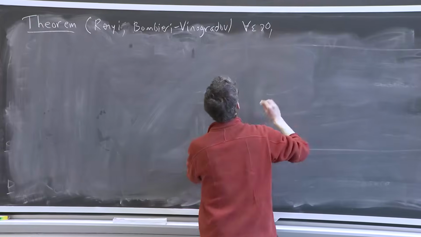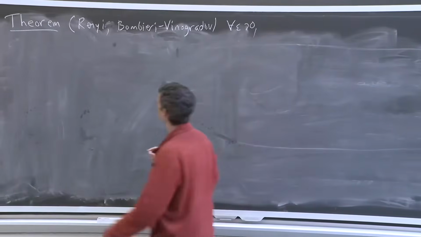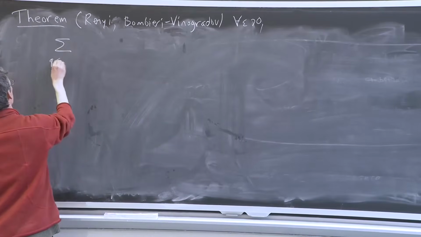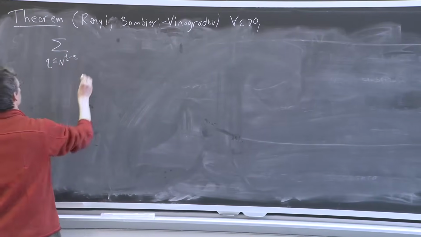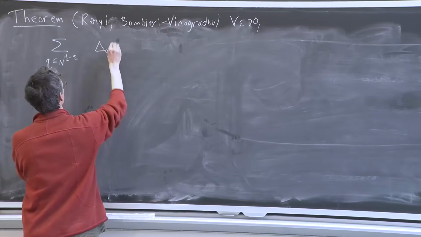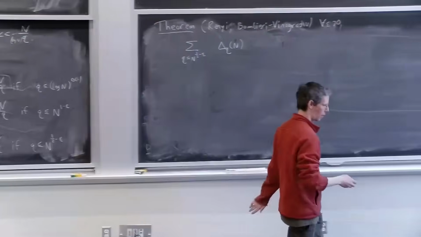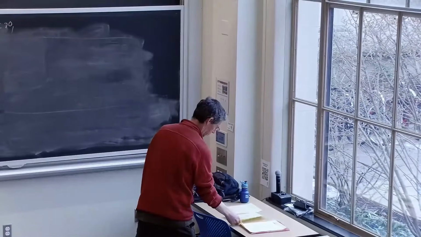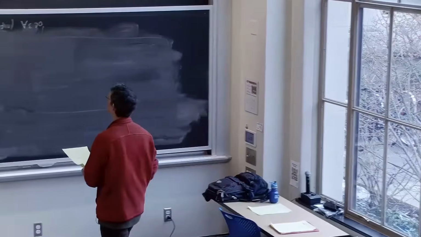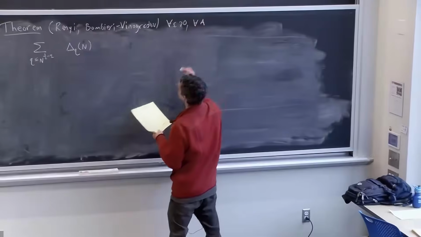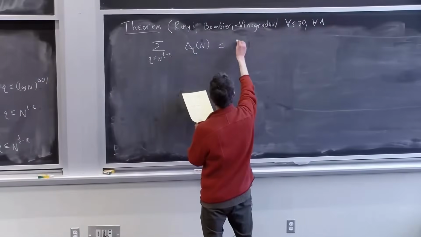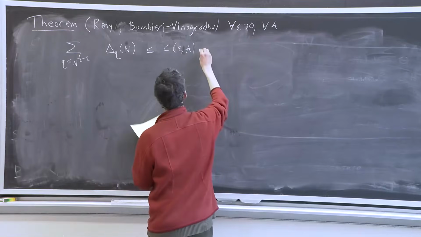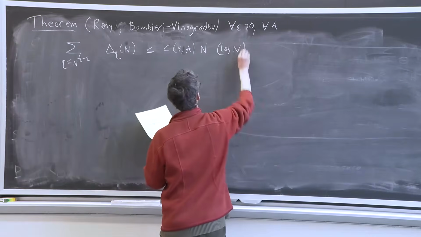For every epsilon bigger than 0, and A, if I take the sum on Q up to n to the 1/2 minus epsilon of delta Q of n, then this is bounded by a constant depending on epsilon and A, n log of n to the minus A.